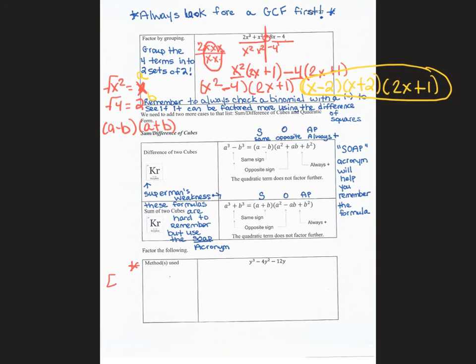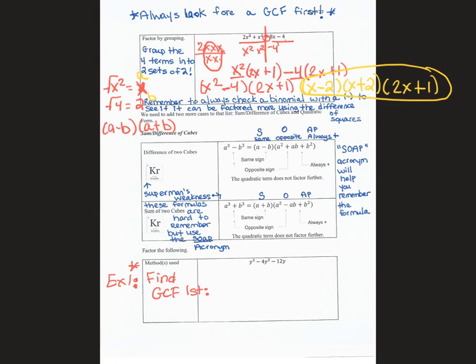We'll call this one example 1. And let's see if we can factor this one. So let's look for our greatest common factor first. So I'll give you a minute to see if you can come up with that greatest common factor. Remember, it could be numbers, letters, or both.